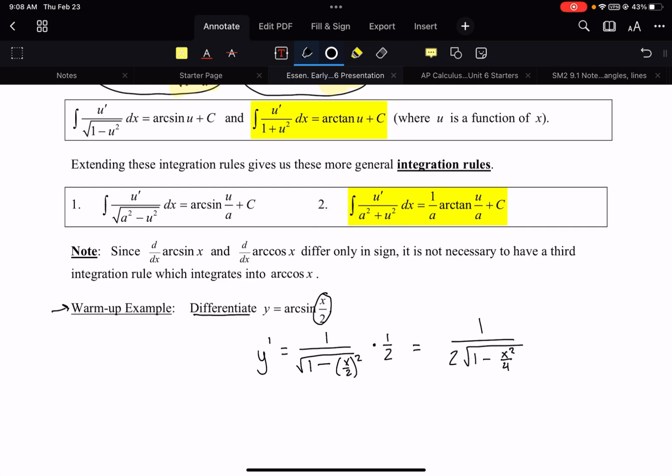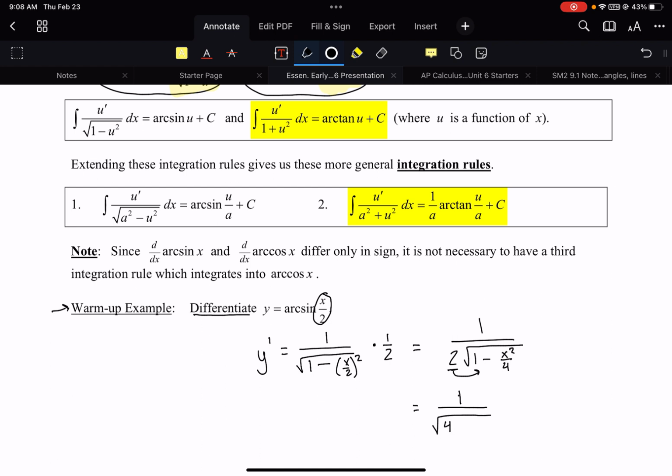Now, the next step that I'm going to show you, I wouldn't do if I was differentiating, but it does kind of show you how it's going to be related to its integral rules. I'm going to take this 2 and shove it inside of the square root. When that 2 goes inside of the square root, it becomes a 4 because the square root of 4 is 2.